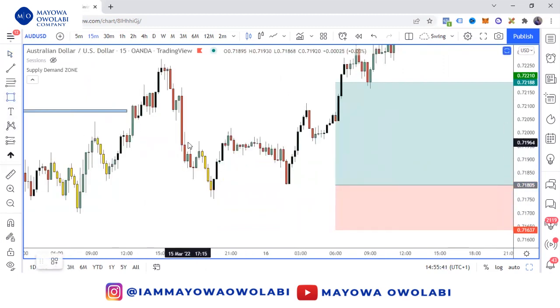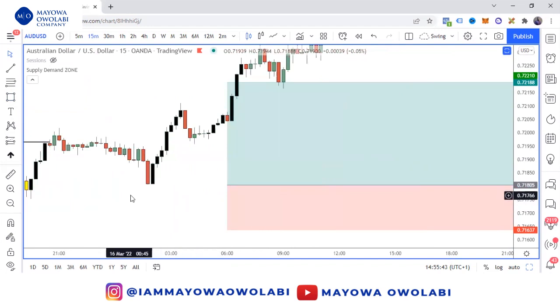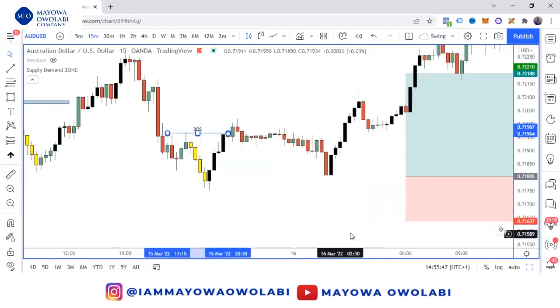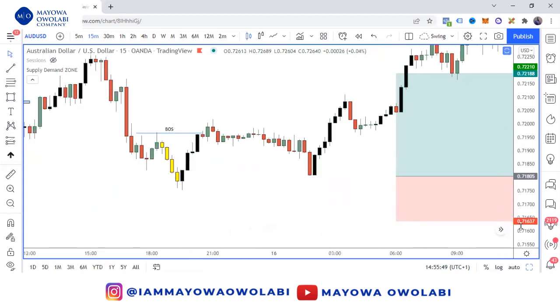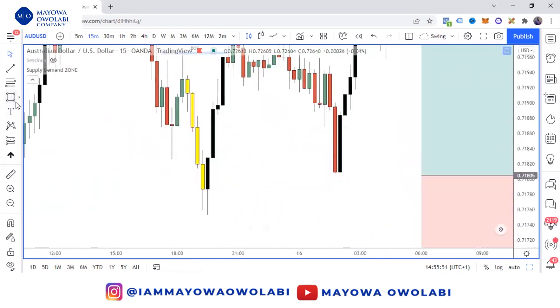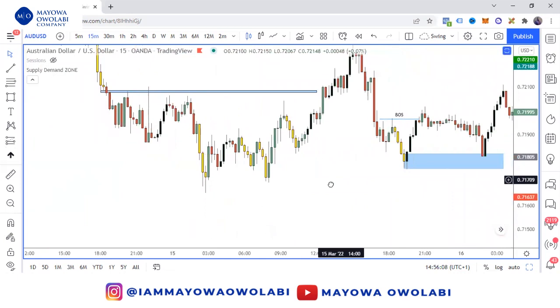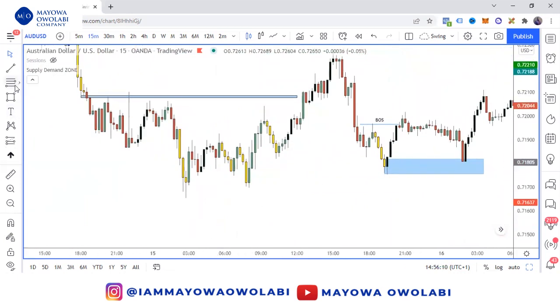After this break of structure, I was able to capture this. I went in on the other block. I didn't do 50%. But if you had done 50%, it would also have been a good entry for you.